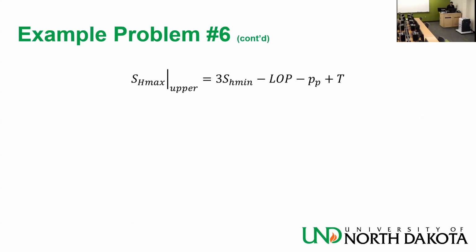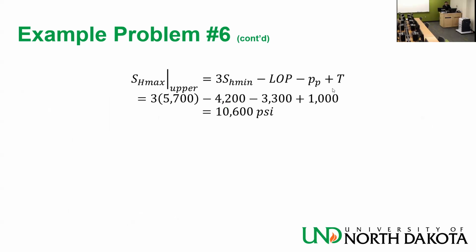So how do I solve it? Very easy. I use that equation, and for FIP, I use those two limits. LOP gives the upper bound of SH max: 3 SH min minus LOP minus PP plus T. I get something like 10,600 psi.